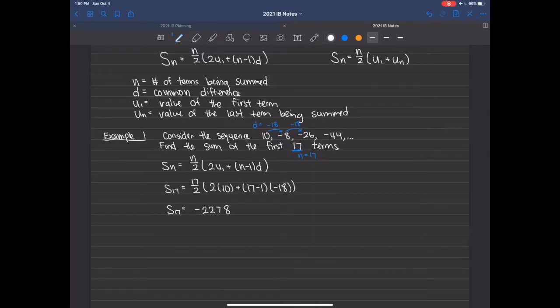Let's look at a second example where we're only given the value of 2 terms in the sequence.